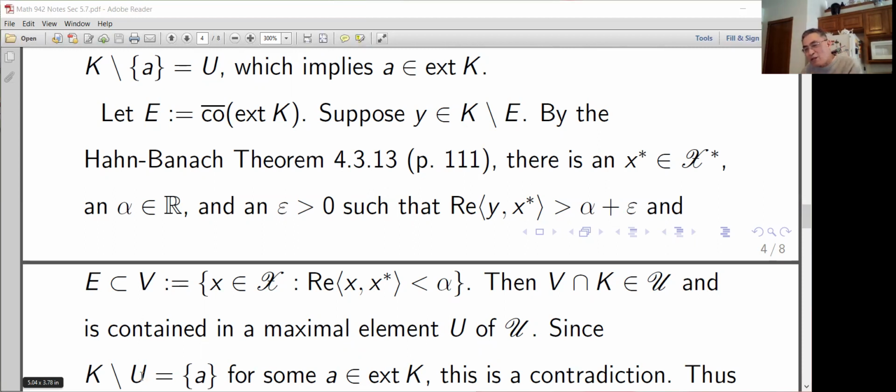So K minus U equals this 1 point, and we proved that this is an extreme point.